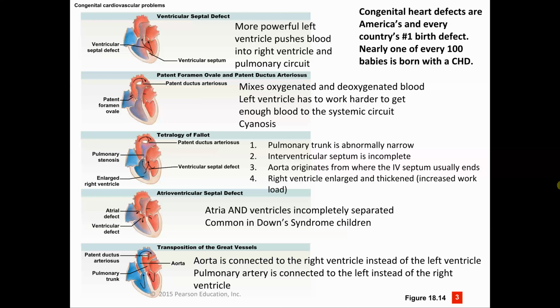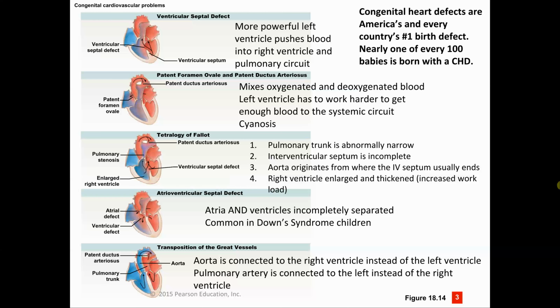Now we're starting to get more serious. Like we need to have surgery in the womb or right after the baby is born. So the tetralogy is going to be 4 things that are wrong with the heart. 1, the pulmonary trunk is abnormally narrow. 2, the interventricular septum is incomplete.